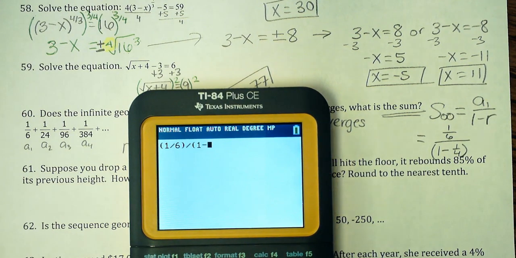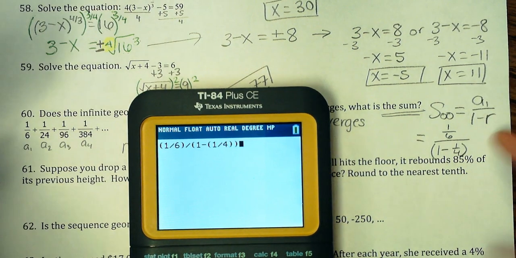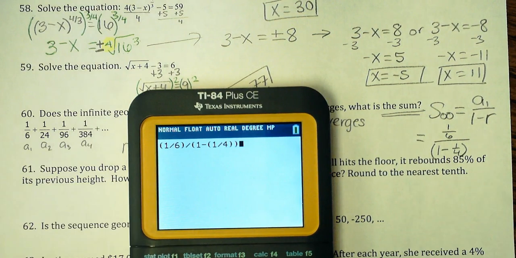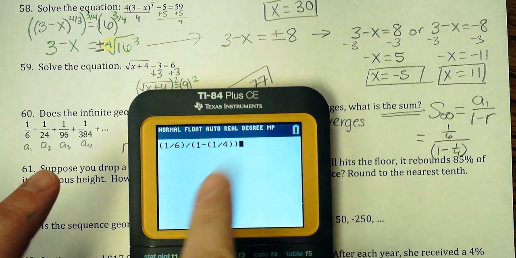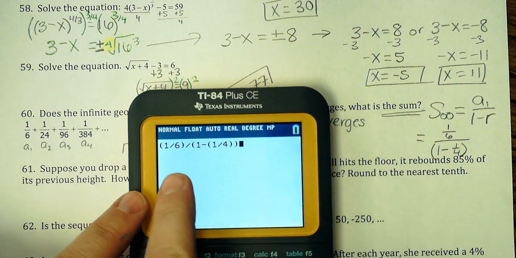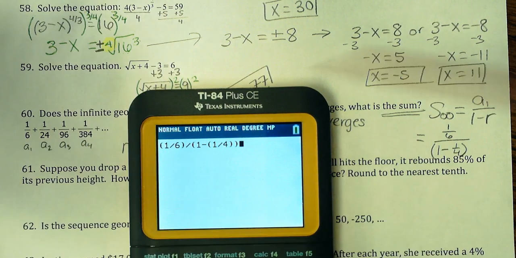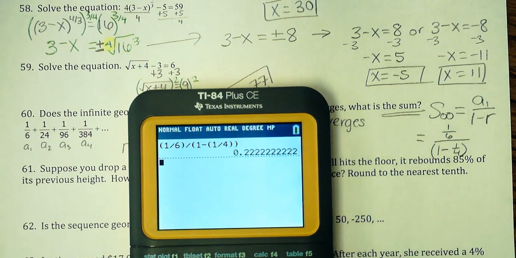So 1 minus 1/4 or 0.25 or however you want to do it, but I need to divide 1/6 by the difference between those two numbers. If I don't put parentheses around the 1 minus 1/4, what the calculator will do is divide 1/6 by 1 and then subtract 1/4 from that value, which will give you completely the wrong answer.